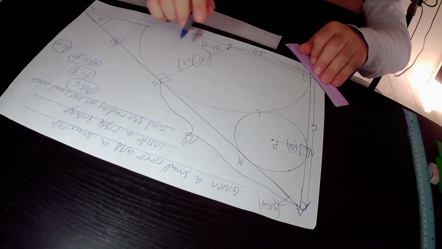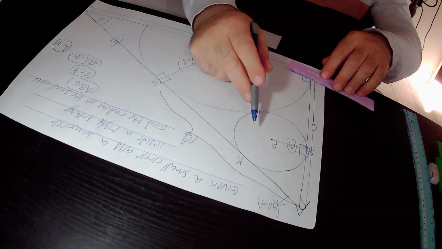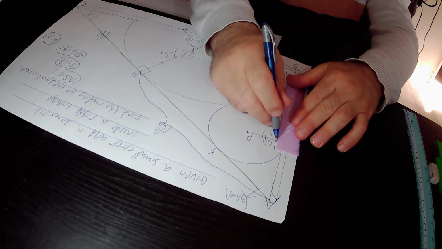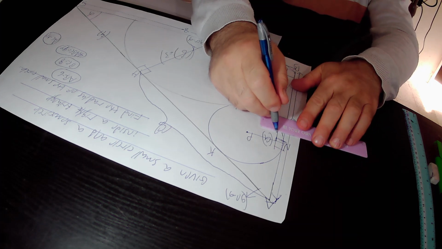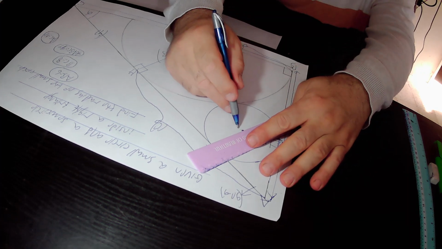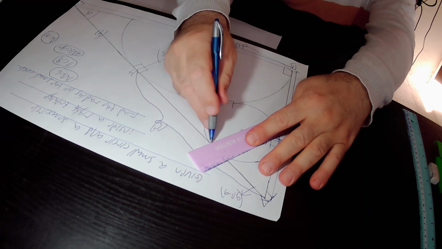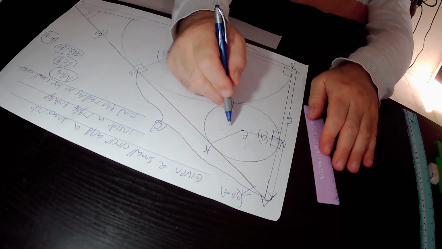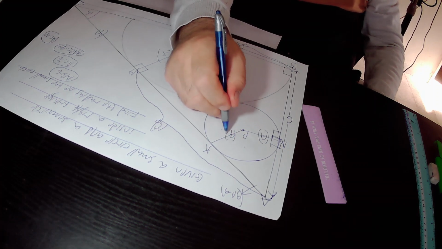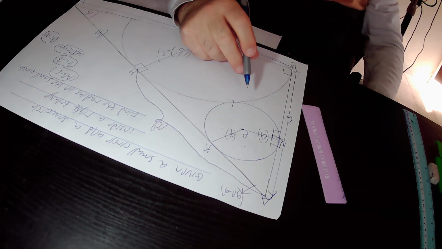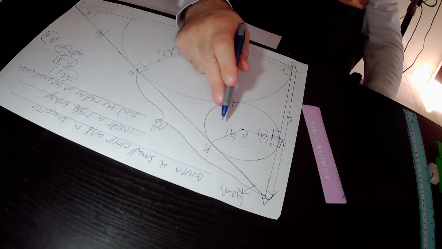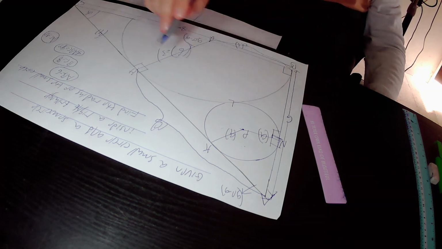In the next step, we will join points P and K together by a straight line. Line segment PK is of course the radius of this small circle, that is equal to A. You can implement rule 1 again because we have the radius PK that is perpendicular to the point K, the point of tangency of AC with this small circle.